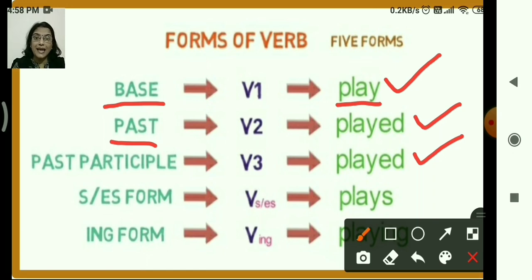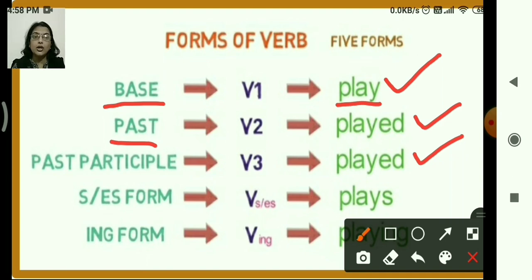Now the past participle is, most of the time, the same as the past tense, and many times, not all the times, most of the times ed is added. Otherwise you will also have some other words formed. Like for go, if you take the base form go, what will be the past tense of go? Went. And what will be the past participle? Gone. Right?